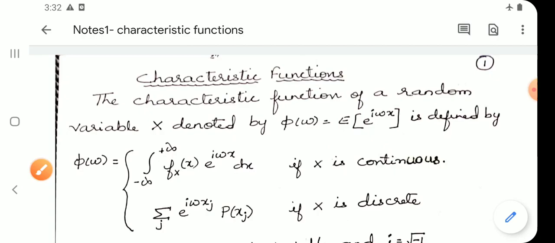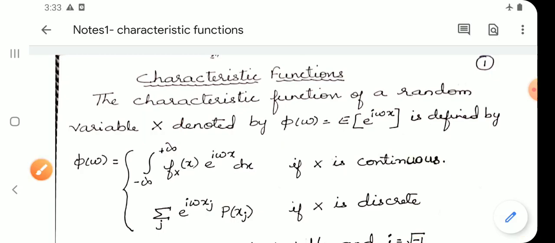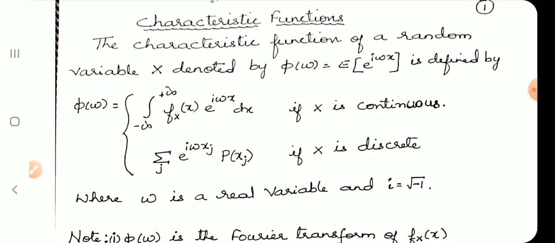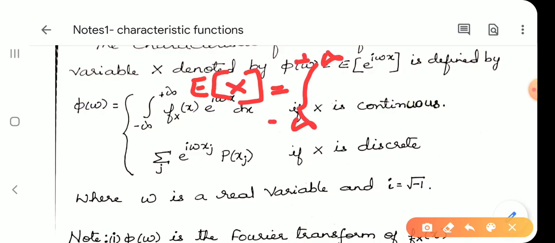Let us see how this phi of omega is defined when the random variable X is continuous and when the random variable X is discrete. So first let us recall the definition of the expectation of X when X is a continuous random variable. E of X is given by the integral from minus infinity to plus infinity of x into f_X of x dx.